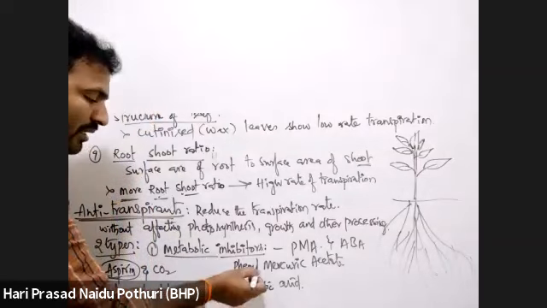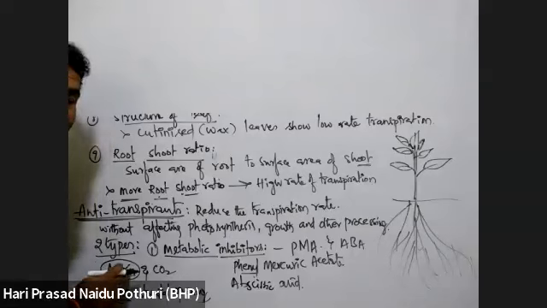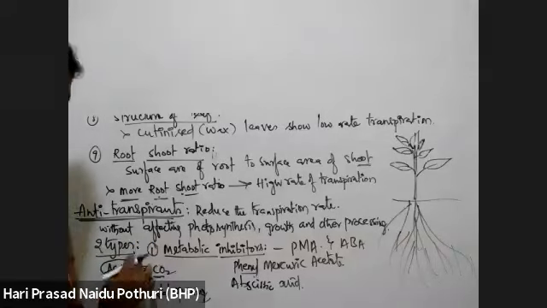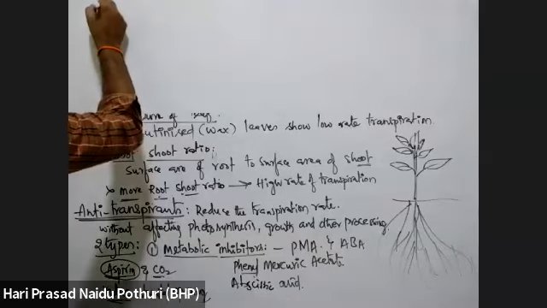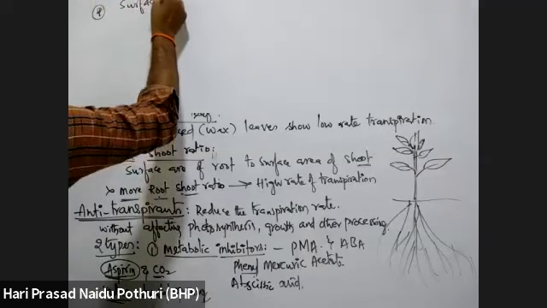This is phenyl mercuric acetate, and this is acetyl salicylic acid. Aspirin and CO2 reduce stomatal opening so that they can stop transpiration.